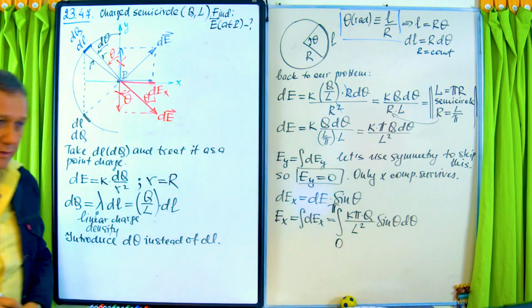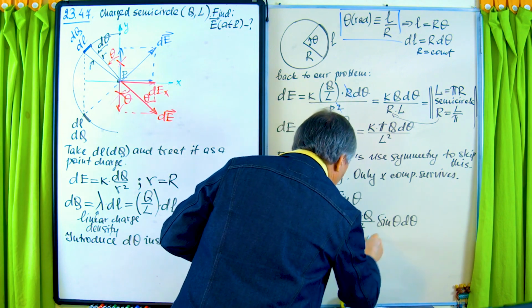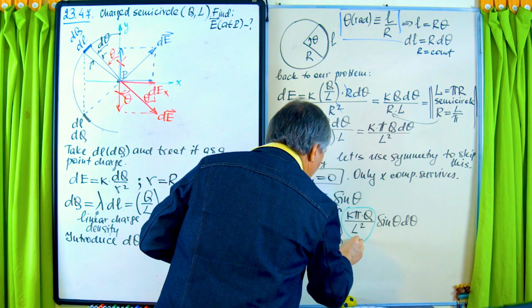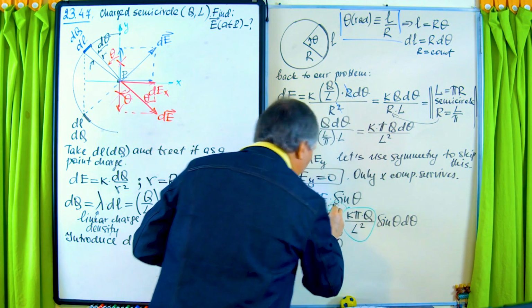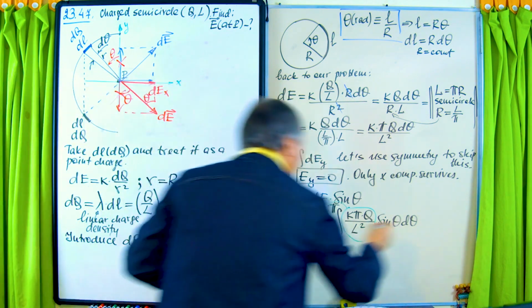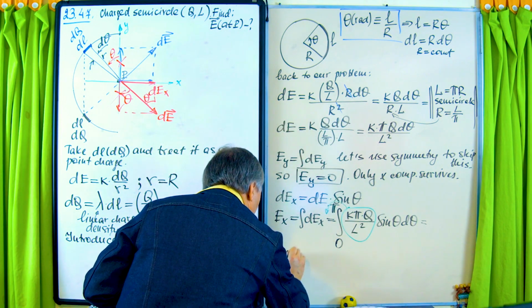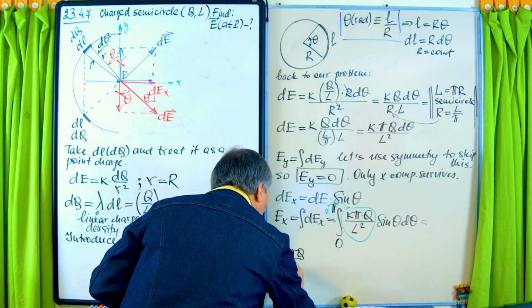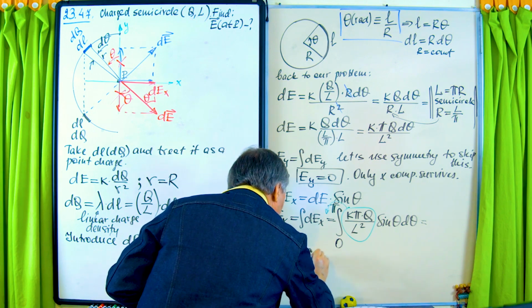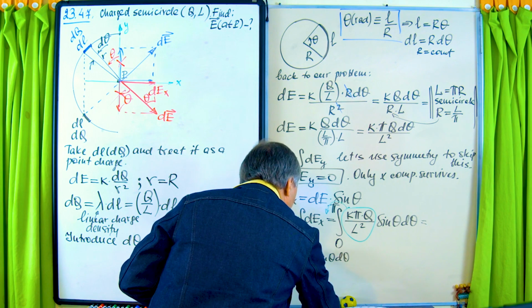So that's the integral. All these are constants, so we can take them outside, and then we have the integral of sine. So it will be k pi q over L squared and the integral of sine theta d theta from 0 to pi.